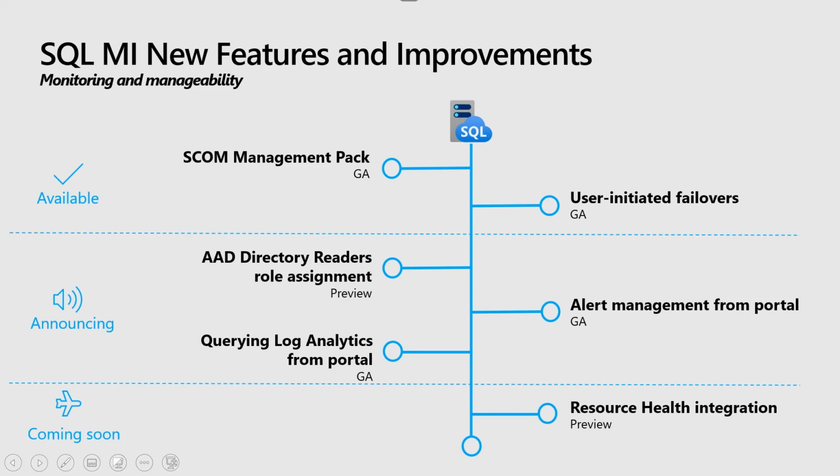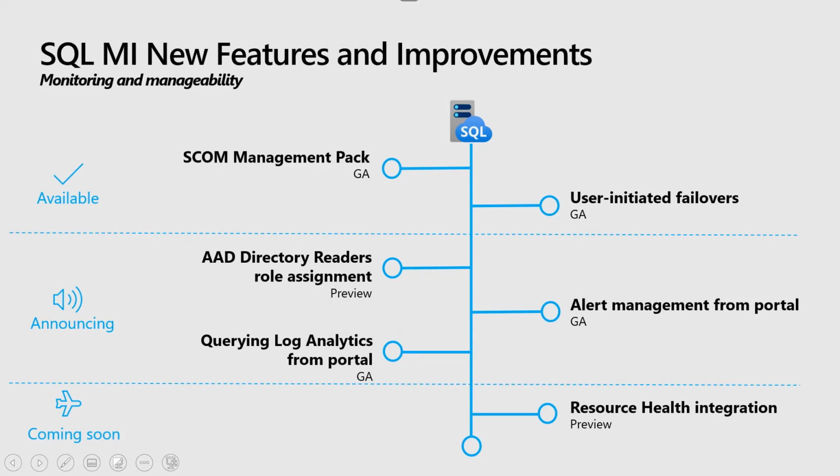In terms of monitoring and alerting, we introduced support for additional two features very recently on the portal. So you can now query log analytics directly from the portal, and also you can manage your alerts based on the metrics directly from the portal. What's coming soon in the following months is integration of managed instance with resource health on the instance level.